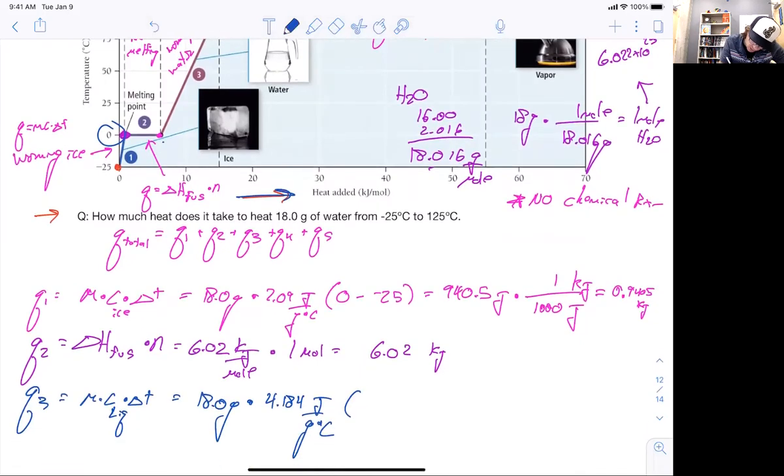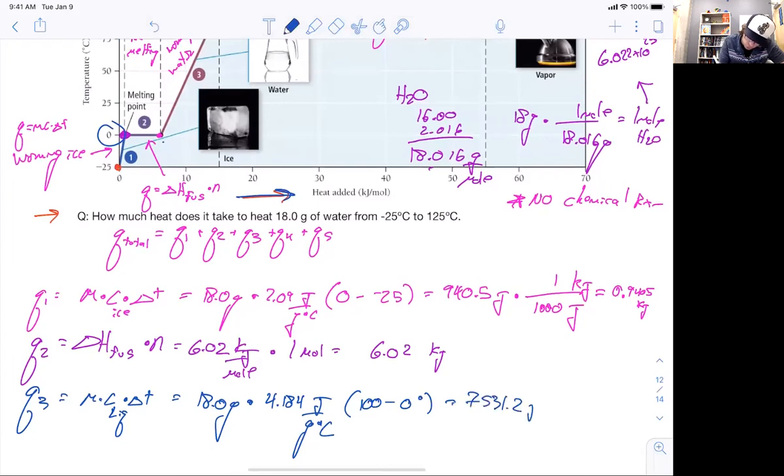So T final, 100 Celsius minus 0. Because it's delta T, you can actually use either Celsius or Kelvin, right? Because if it was Kelvin, it would be 373 minus 273. The delta T would still be 100. So you take 100 times 4.184 times 18, and you get 7,531.